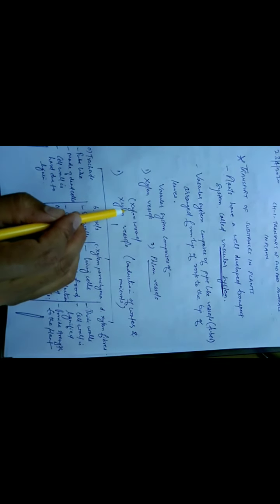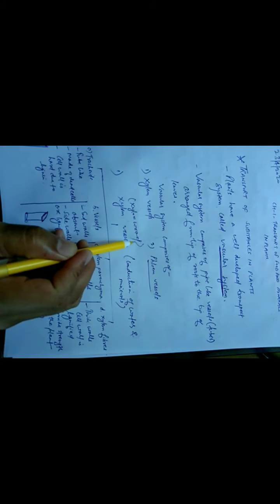Now xylem vessels, the term xylo means wood. This xylem vessel is responsible for conduction of water and minerals throughout the body of plants, and basically it comprises dead cells.